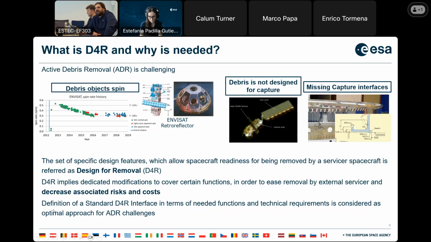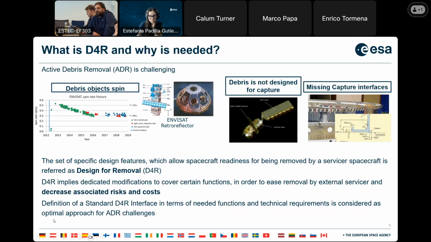You can see in this slide, for example, the Envisat case, one of the most important spacecraft that has not been prepared for capture, and for sure this implies a lot of challenges for active debris removal.